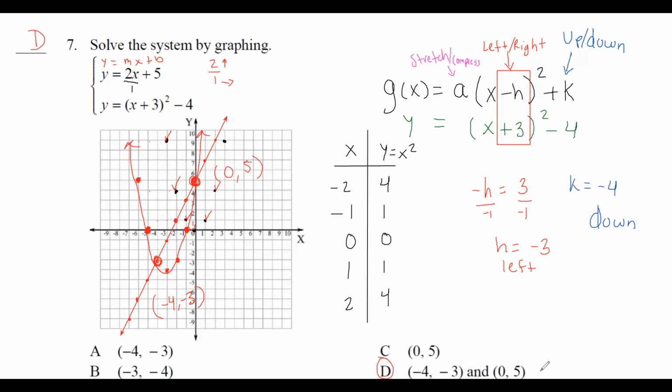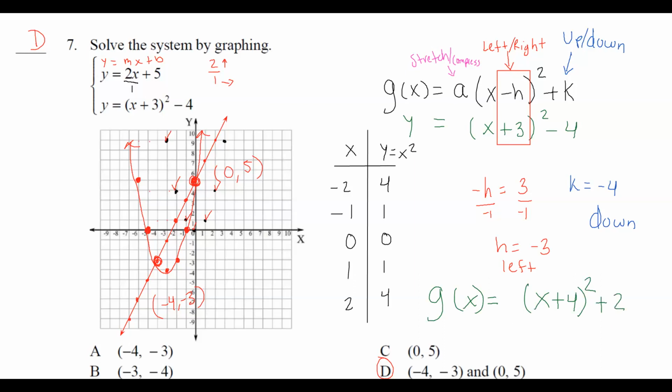Let's see. Okay, how do you feel about this one? Let's see if you guys recall the transformations. Let's see this one: g of x equals (x plus 4) squared plus 2. How did this one move?